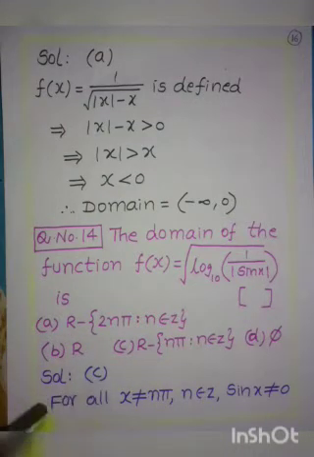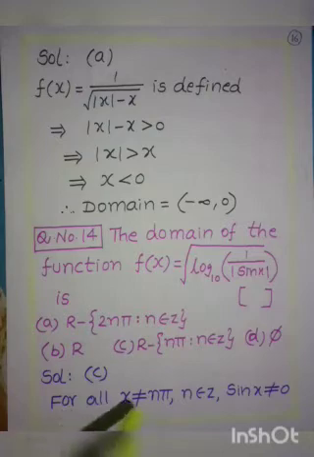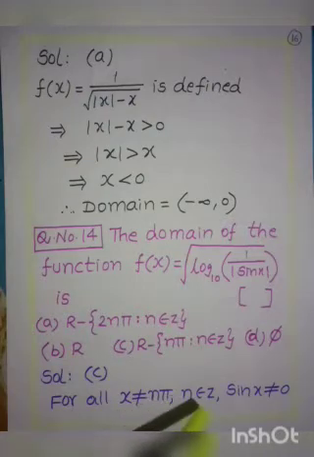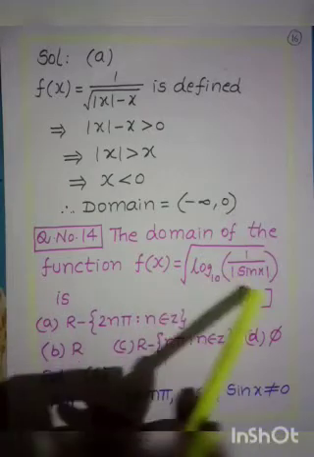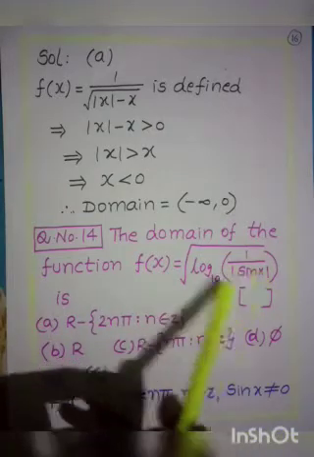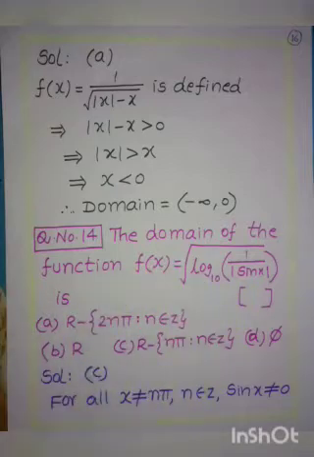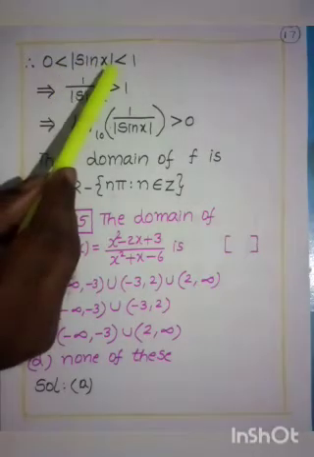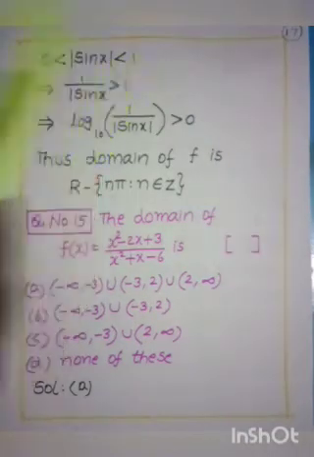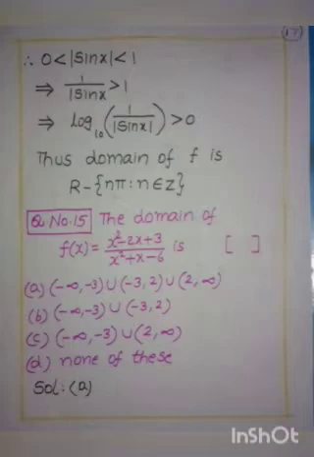Let us see the explanation. For all x not equal to n pi, n belongs to Z, mod sin x is not equal to 0. Here the denominator is sin x, so mod sin x should not be 0. If the denominator is 0, the function is not defined. Therefore, 0 less than mod sin x less than or equal to 1. You know, the range of sin x is the closed interval minus 1 comma 1.